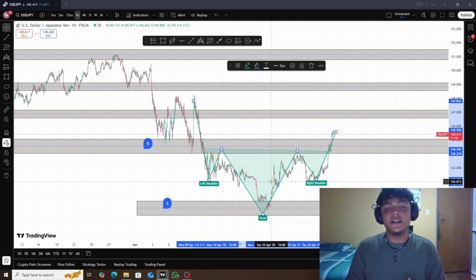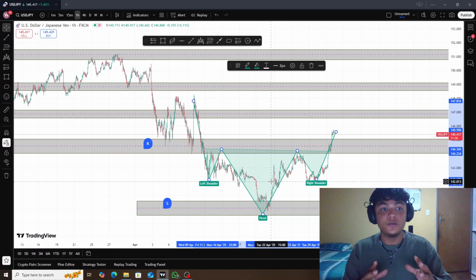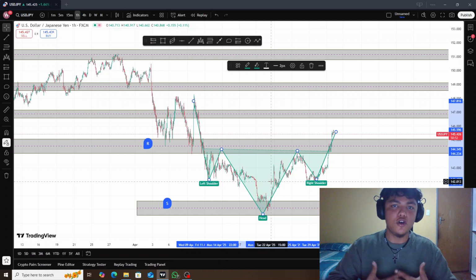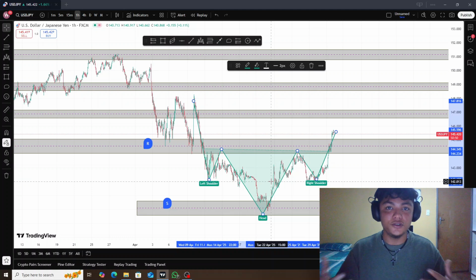I'm going to show you the market candlesticks that you need to look for to give you just a little bit more confidence to take a trade.